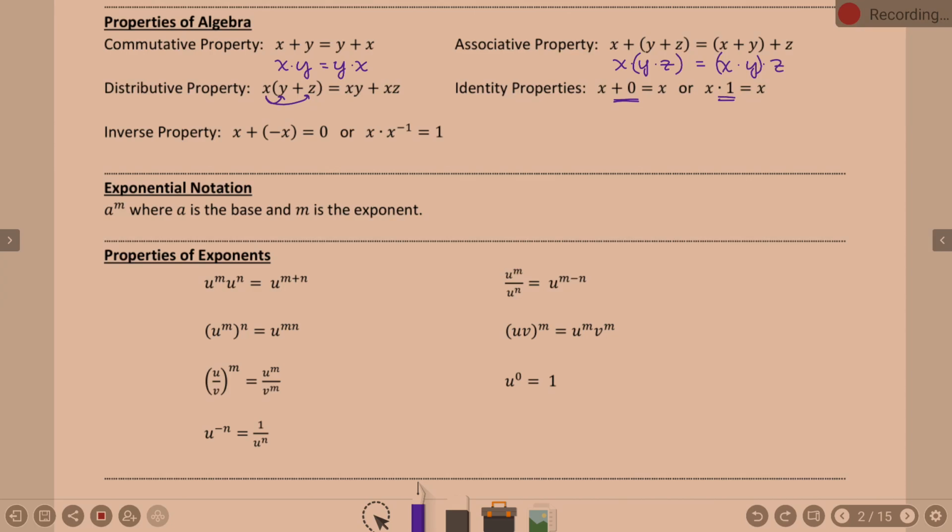I add negative 5. Okay, so your inverse property of addition, you always want it to equal 0. Well, what was our multiplication identity? It was 1. So what do we multiply by a number to get 1? So what do you multiply by 5 to get 1?